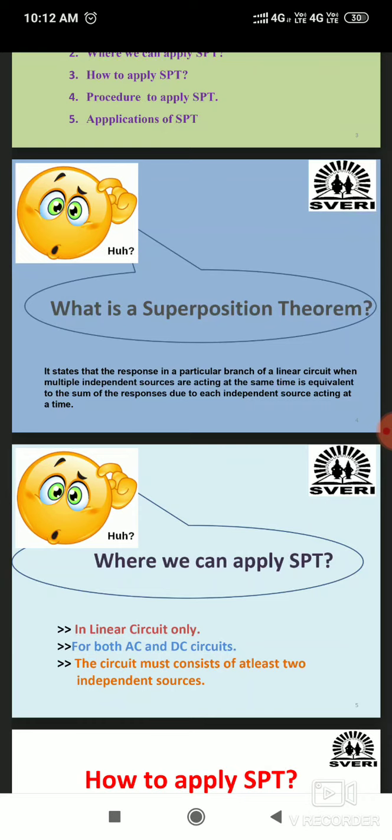In a linear circuit containing two or more independent sources, the response in any element due to all sources acting simultaneously is equal to the algebraic sum of responses caused by individual sources acting alone while all other sources are non-operative.